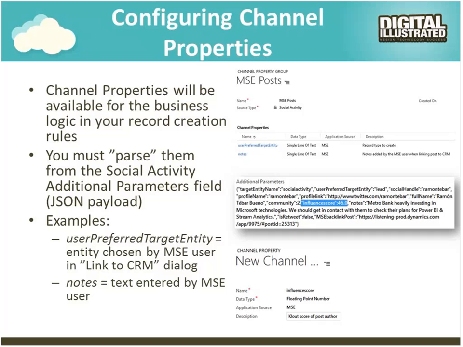For example, the social post contained this influence score, and this particular case has 46 as the score. We can use that as part of our rule for how to process these posts further. So very nice granular control, and we can also expand to future social channels without having to rework the MSE and CRM integration part.